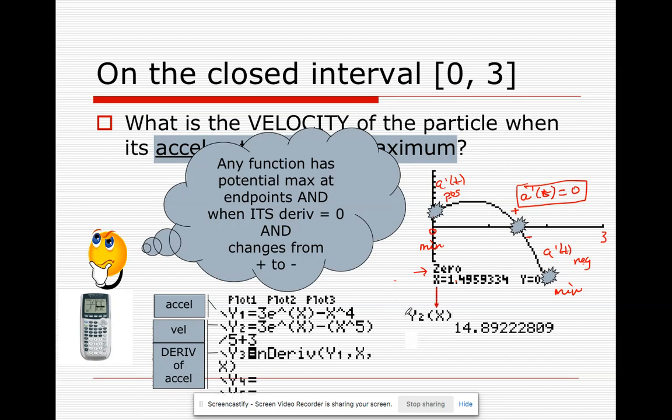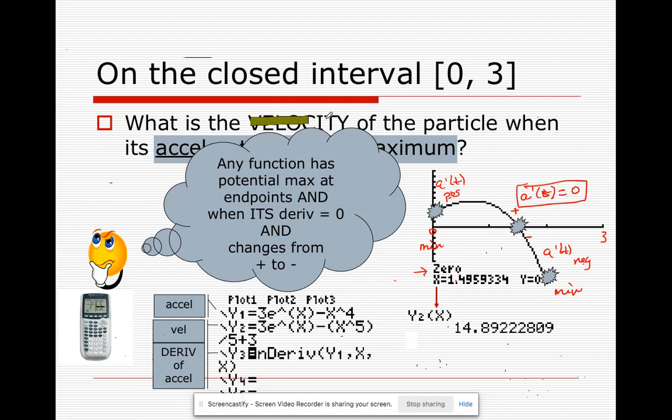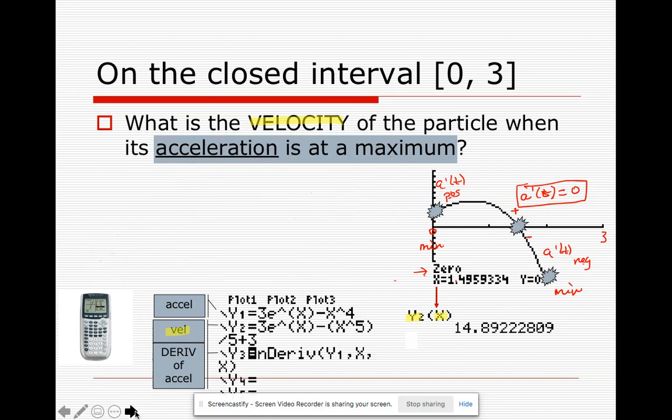So you can second quit to your home screen, just call up y2. Why would I call up y2? Because they asked me what is the velocity. So I went to the velocity equation, which is in y2, and I plugged in the x coordinate of where the acceleration derivative was equal to 0. And it spit out this answer.